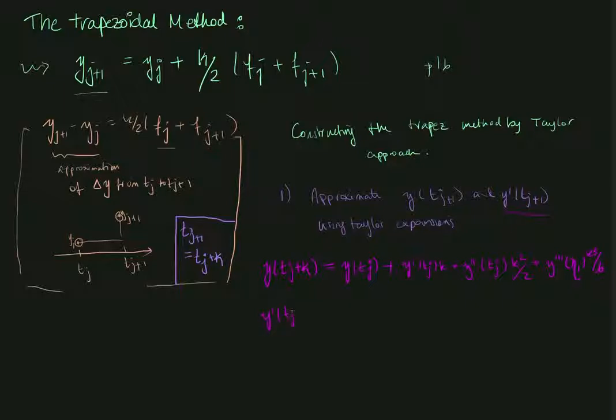Y prime of tj plus k is equal to y prime of tj plus y double prime of tj times k plus y triple prime of, well, now I also think that I'm far enough along in my calculations that I can involve my remainder term here, and let's just call this eta 2 instead, multiplied by k squared halves.